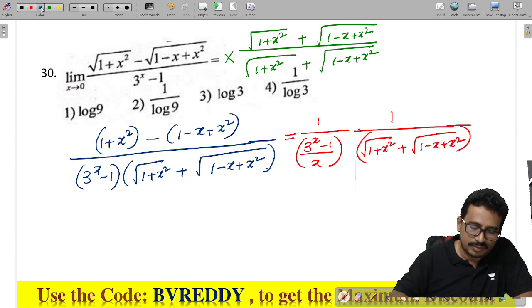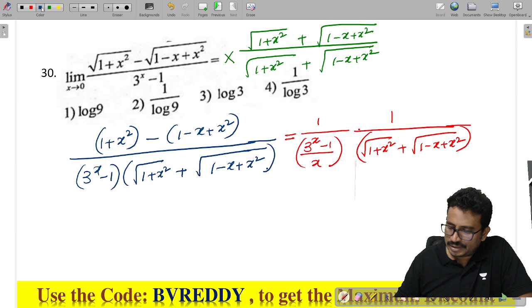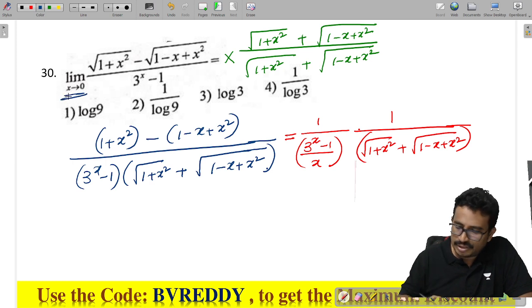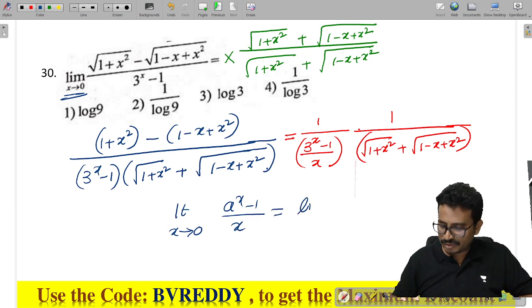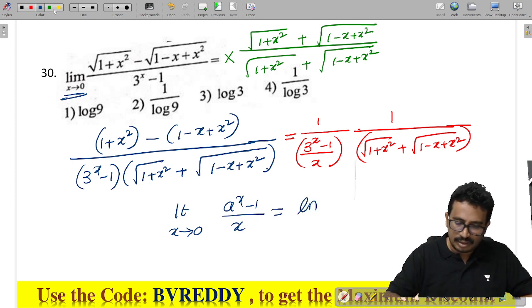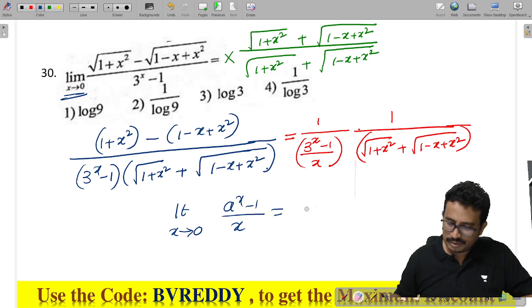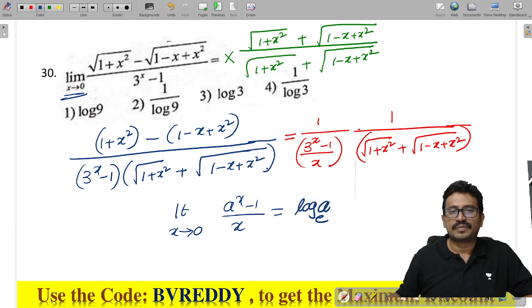Isn't it? Now x tends to 0. As we know, limit x tends to 0 of a power x minus 1 by x is log a, the natural log of a.